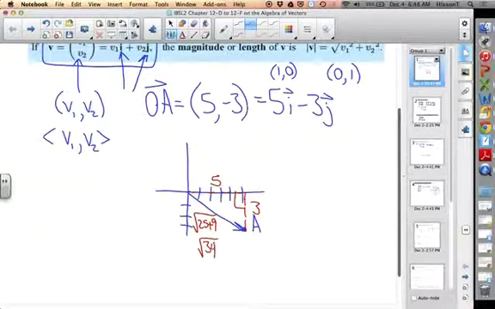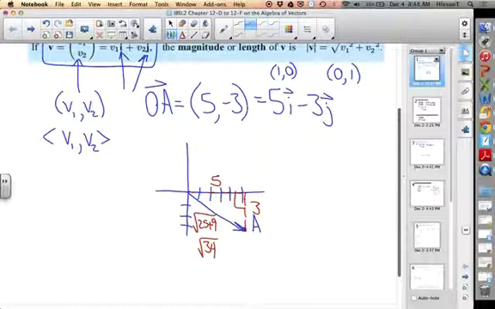And I will tell you, don't go further and find decimal forms of these unless it comes out perfectly even. If you have the square root of 34, that's 2 times 17, so you can't simplify that radical, so just leave it as the square root of 34.